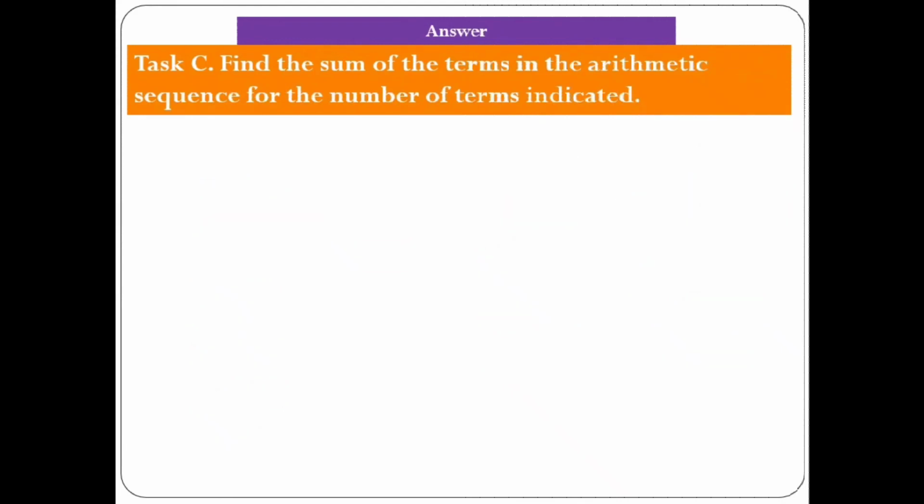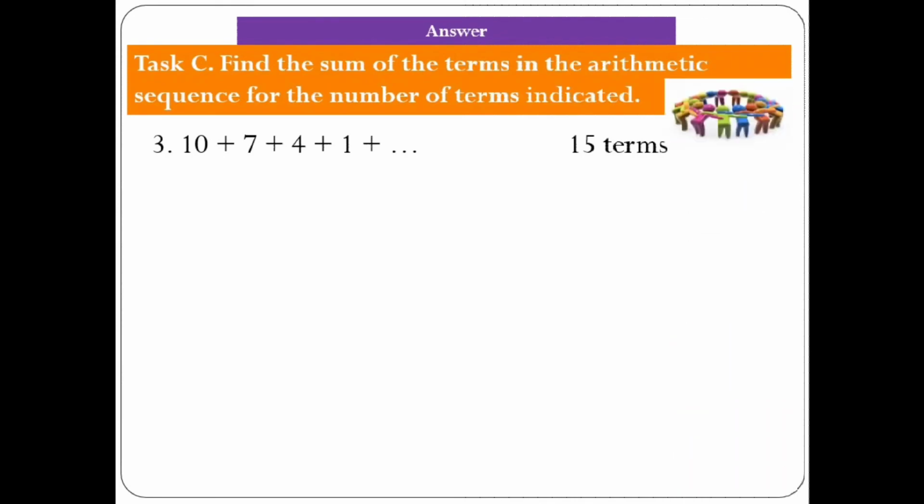Number 3, we can find the sum of the first 15 terms of the given sequence 10, 7, 4, 1, and so on by using the formula S of n is equal to n over 2 times the quantity of twice the first term plus the quantity of n minus 1 times the common difference, where n is 15, first term is 10, and the common difference is negative 3.